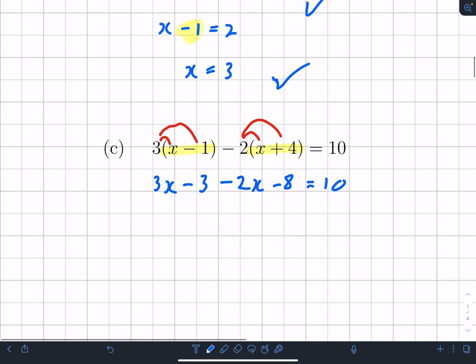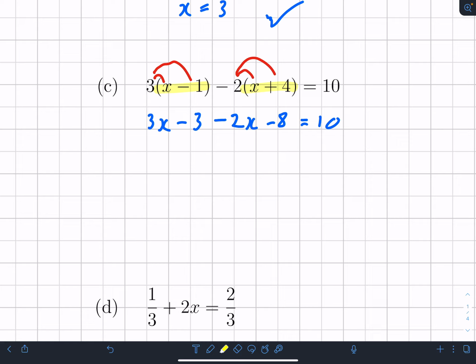Next we need to collect like terms. I'll do it in 2 steps here. We're just going to collect 2 like terms there, 3x and 2x. So that will become 3x minus 2x will be x, minus 3 minus 8 equals 10. And then secondly, we want to do an inverse operation of these 2.